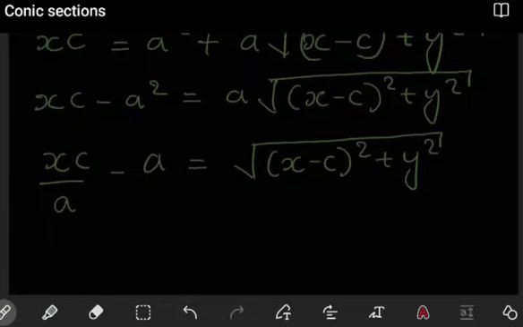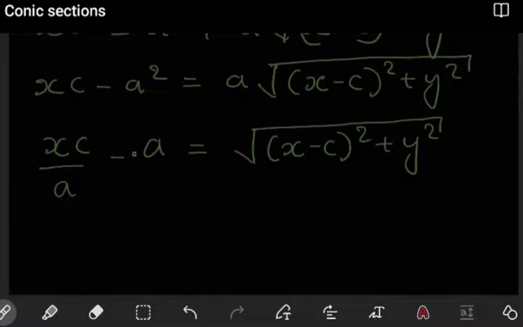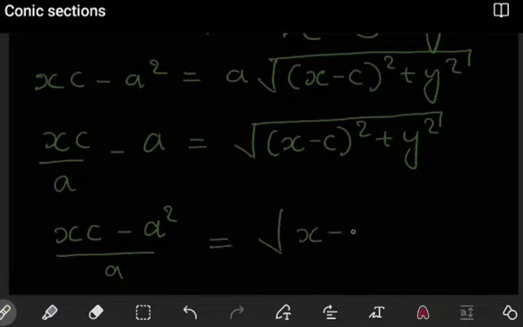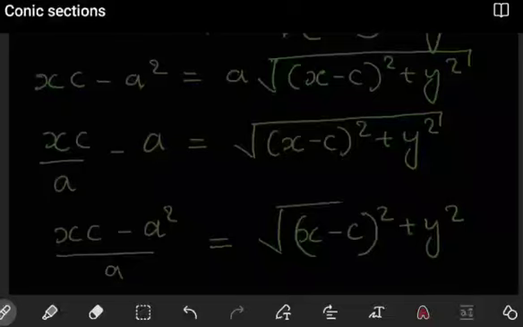Now we can square both sides, or if we want, we can actually combine this into a single fraction. If we did that, this would be xc minus a squared over a equal to root x minus c squared plus y squared.